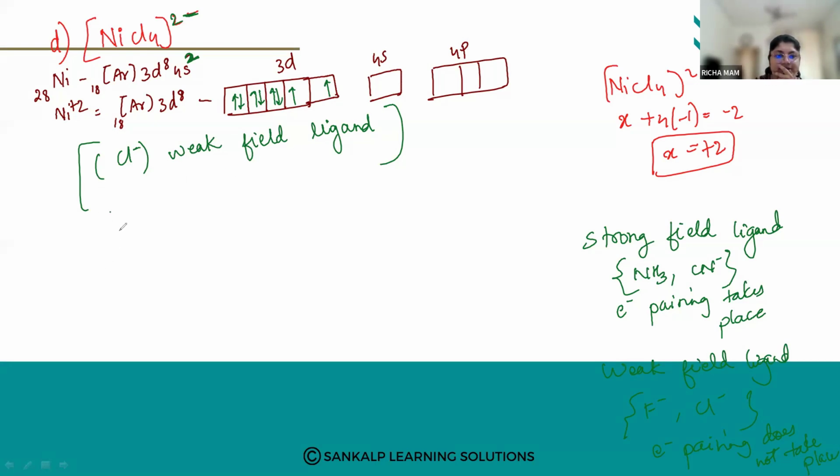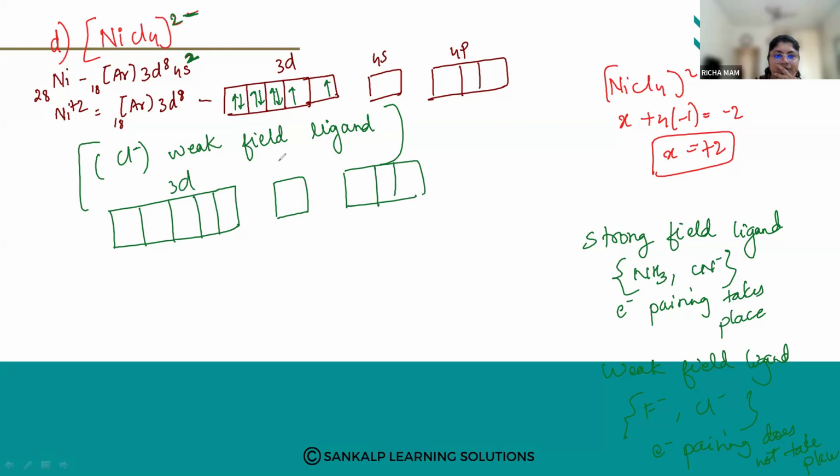Fine. Now here chloride ion is a weak field ligand, so electron pairing does not take place. So let us write the hybridization again. This is 3D, 4s, 4p. Let us put the electrons now. So 1, 2, 3, 4, 5, 6, 7, and 8.